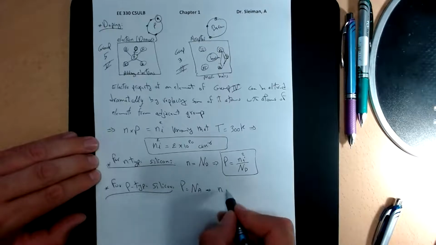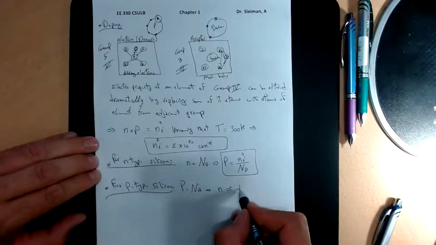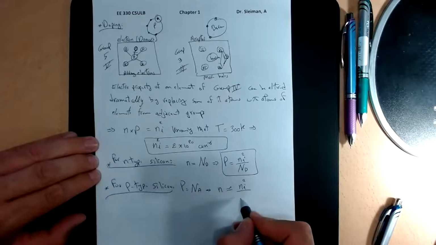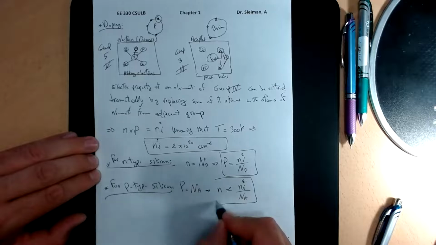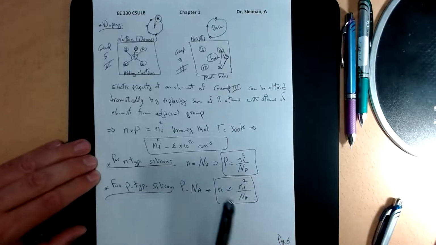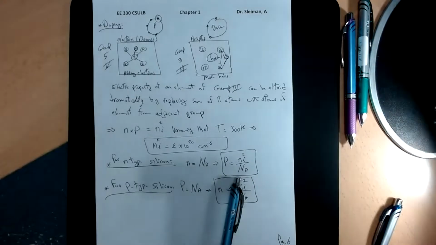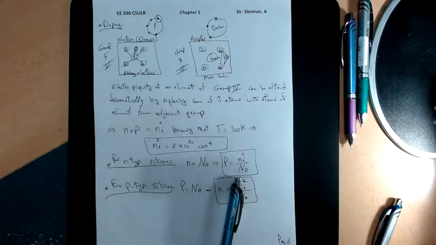That means n is equal to ni squared divided by Na. This is the concept of doping.